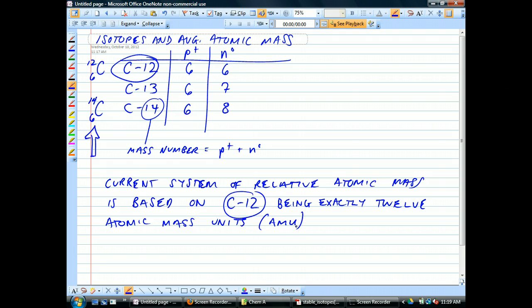Okay? By definition. The current system of relative atomic mass is based on carbon-12 being exactly 12.